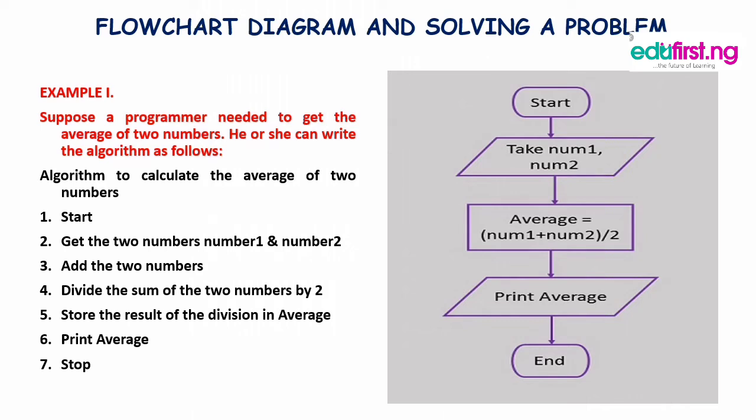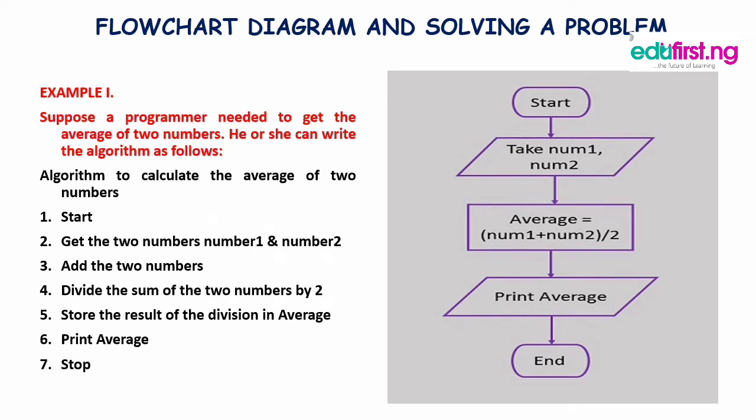Step 2, get the 2 numbers, number 1 and number 2. Step 3, add the 2 numbers. Step 4, divide the sum of the 2 numbers by 2. Step 5, store the result of the division in average. Step 6, print average. And the final step, stop. As you can see on the right hand side of the screen, you see a flowchart to represent the algorithm.